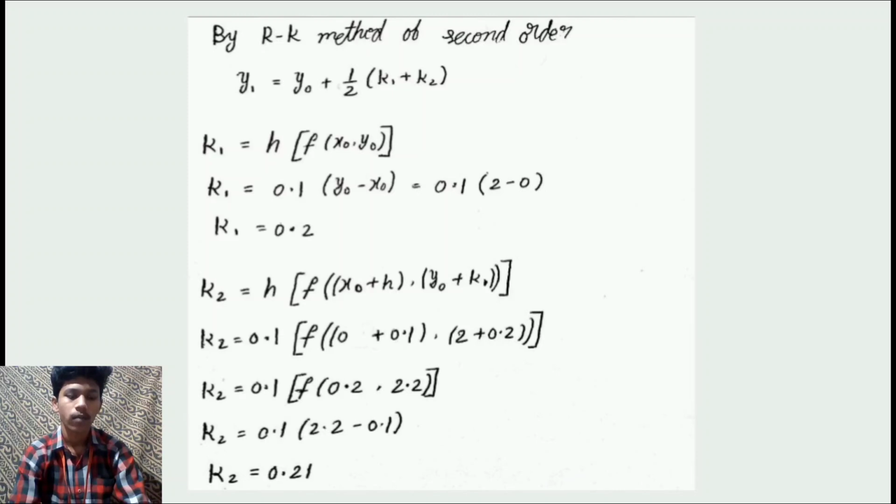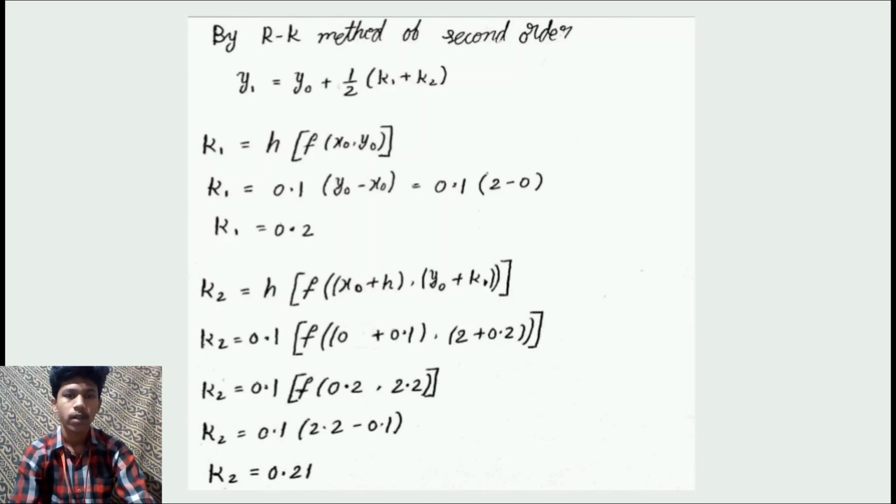So the k1 value is equal to 0.2, and k2 is equal to h into f of x naught plus h comma y naught plus k1, which equals 0.1 into f of 0 plus 0.1 comma 2 plus 0.2. k2 is equal to 0.1 into f of 0.1 comma 2.2, and the final value of k2 by substituting all these values is 0.21.